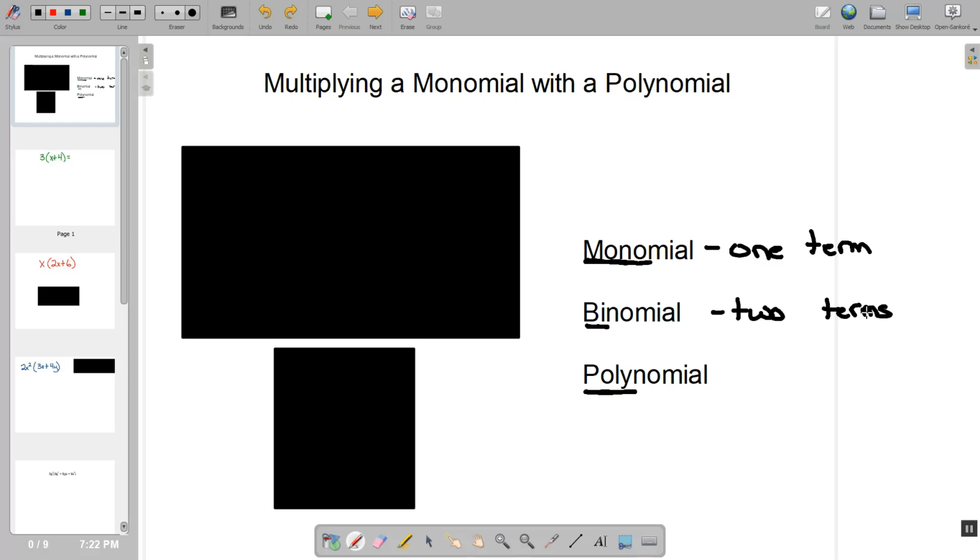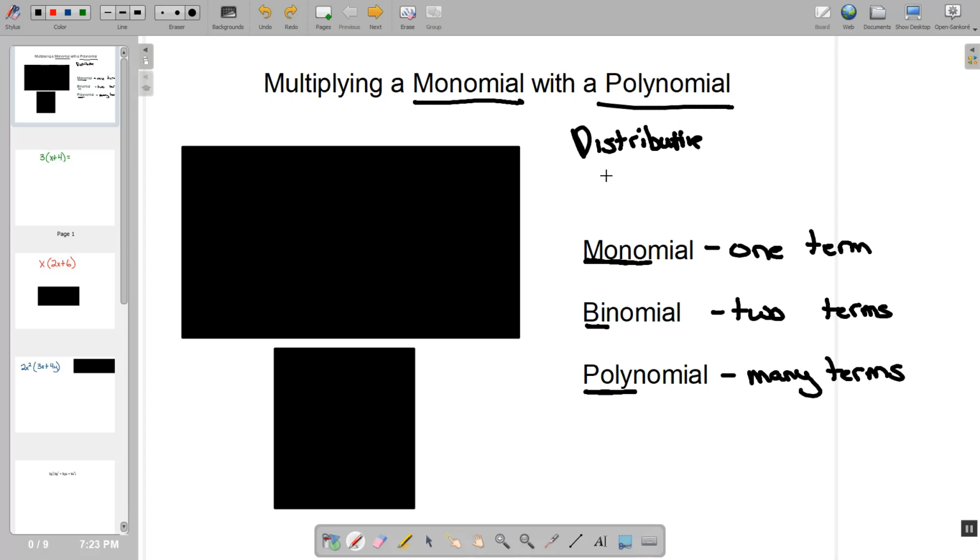And polynomial would be many terms, or variables in a lot of cases. So as we're working with multiplying a monomial with a polynomial, the goal of this video is to multiply one term times a bunch of other terms, which means we're going to be using the distributive property a ton.